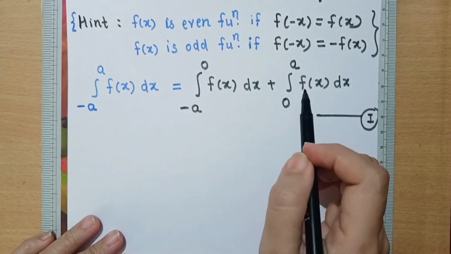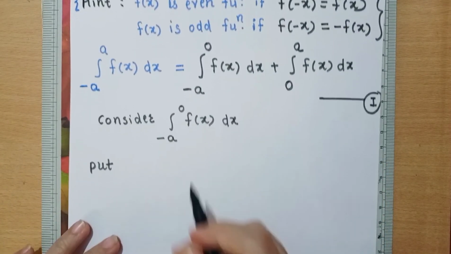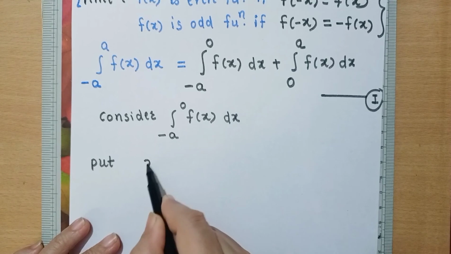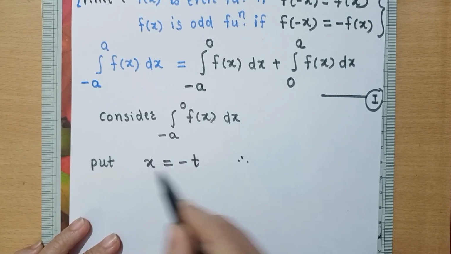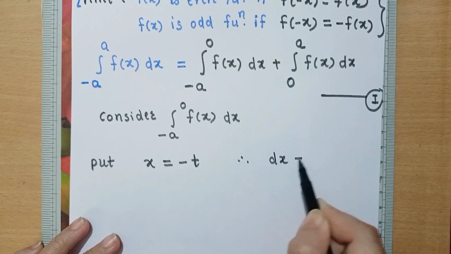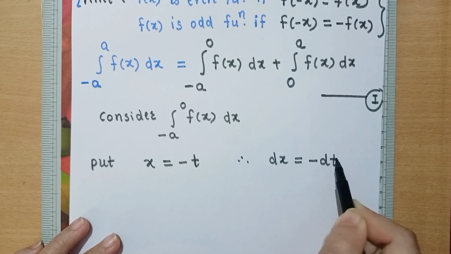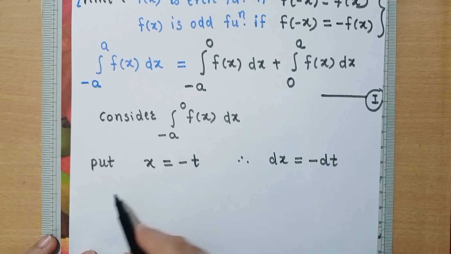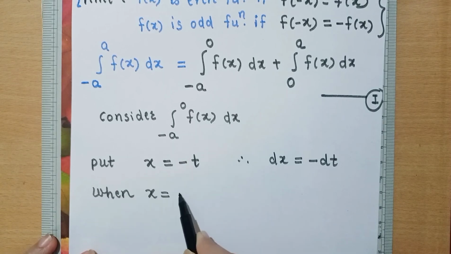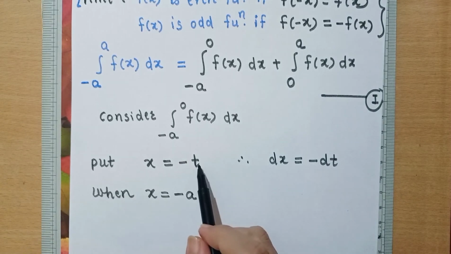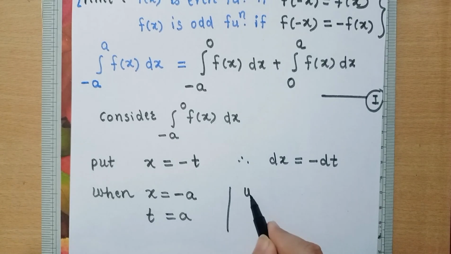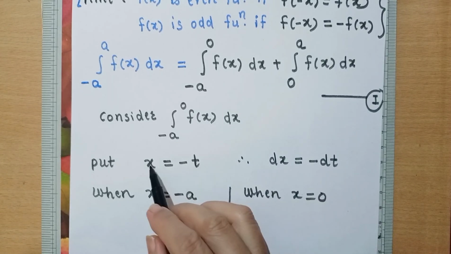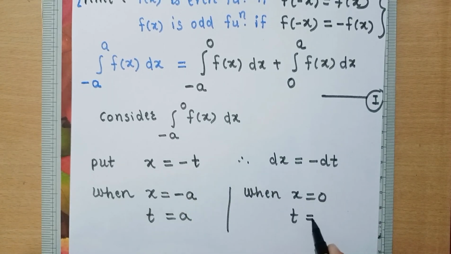We will keep the second as it is, and here we will substitute x equal to minus t, and therefore differentiating, dx equal to minus dt, and again we will change the limits: if x is equal to minus a, t is equal to a, and when x is equal to 0, t is equal to 0.